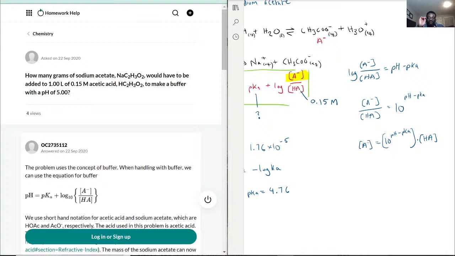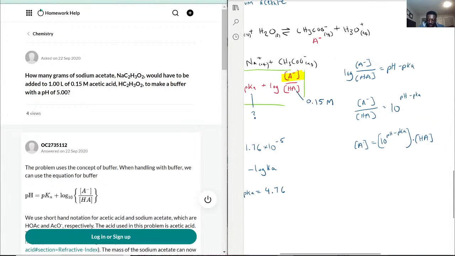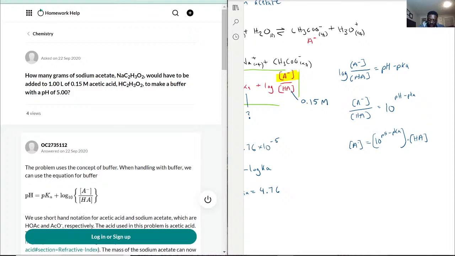Based on the concentration, because it's based on the 1 liter, that's when we'd actually convert it. But first, let's get the concentration. So we have pH minus pKa. We want 5, right? So 5 minus 4.76, and then 10 to the power of that answer. We get 1.75, right on the dot.